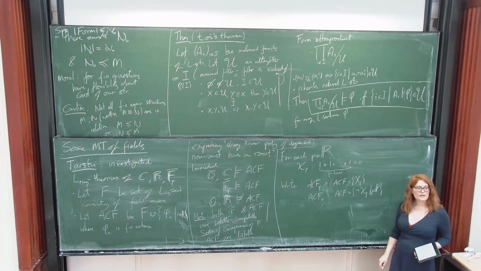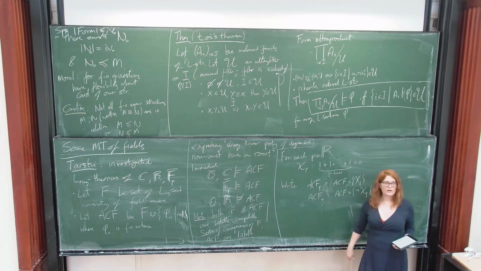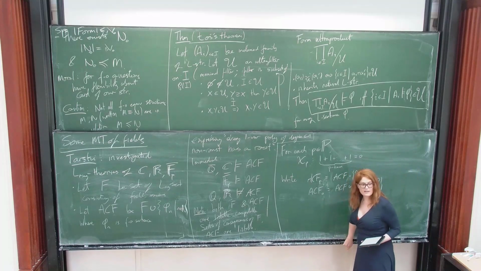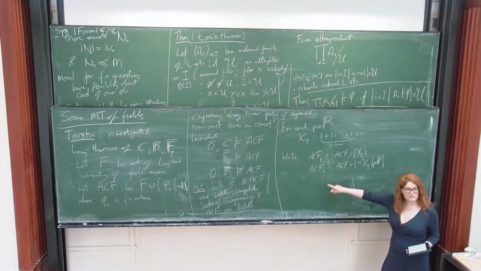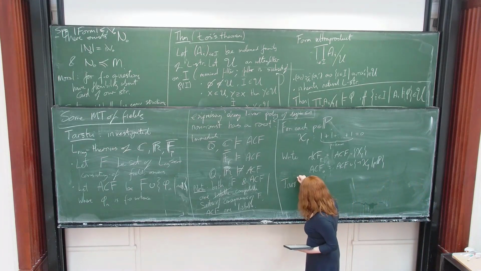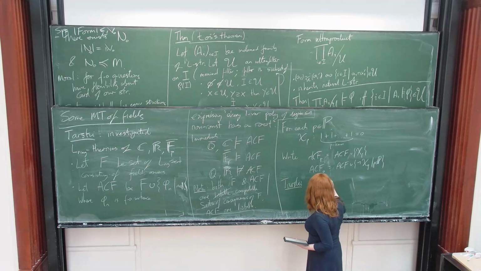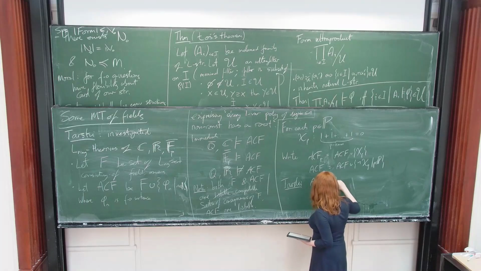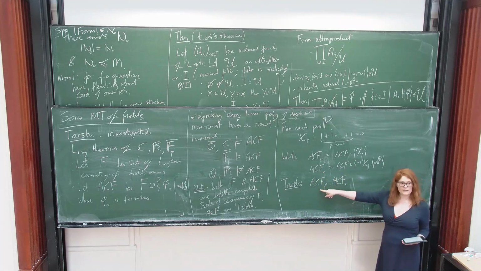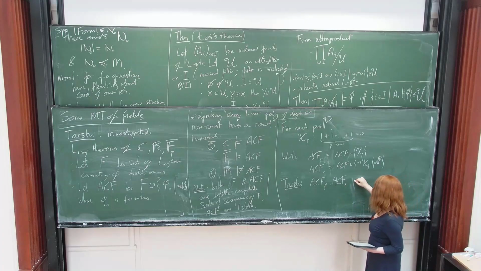Okay? So this is now at least called the theory of algebraically closed fields of characteristic p. This will be called the theory of algebraically closed fields of characteristic 0. And Tarski's theorem: ACF_p and ACF_0, many things listed here, are complete.